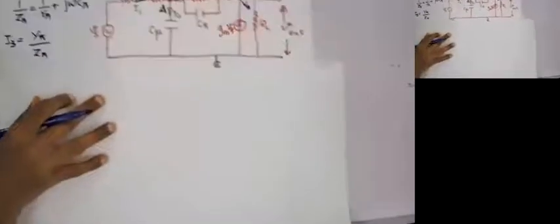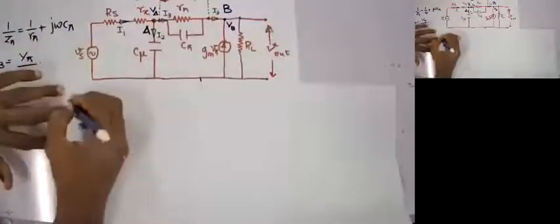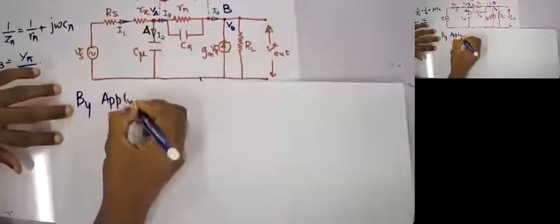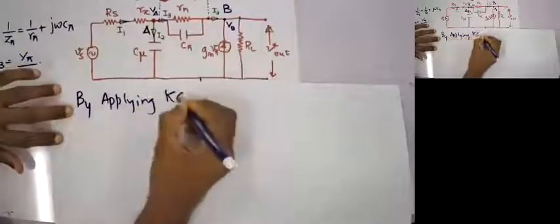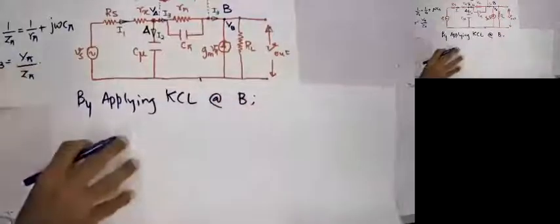Then we'll apply Kirchhoff's current law at another point. So let's apply KCL, Kirchhoff's current law, at point B, right?